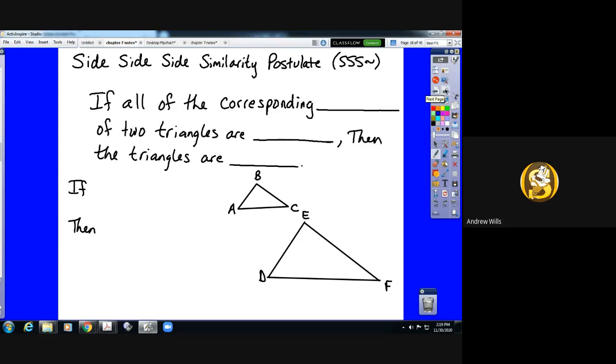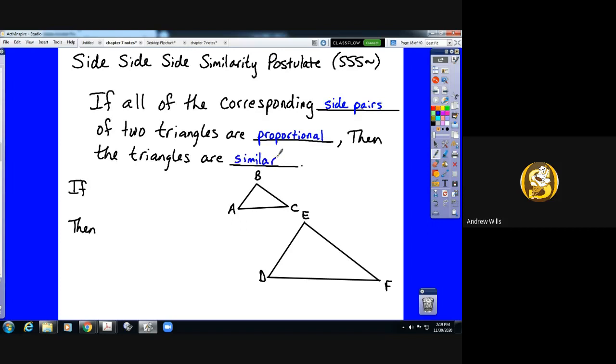Okay, next up is the side-side-side similarity postulate. Very simple. It says if all of the corresponding side pairs of two triangles are proportional, then the triangles must be similar.